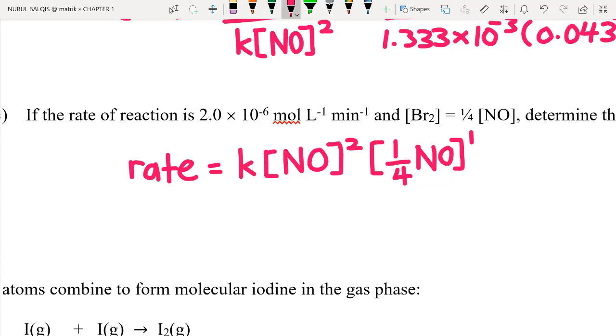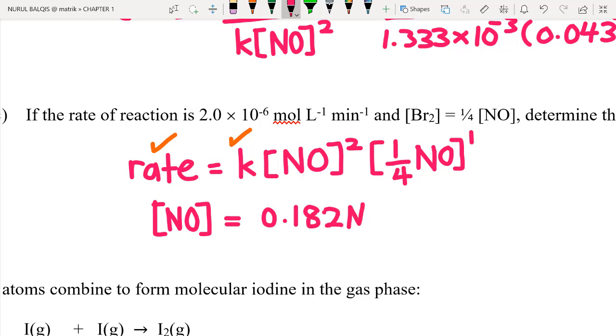And then we simply substitute the value. So we already have the rates. We have this rate. We also have the value of K. Right? So lastly, we're going to get concentrations of NO of 0.182 molar.